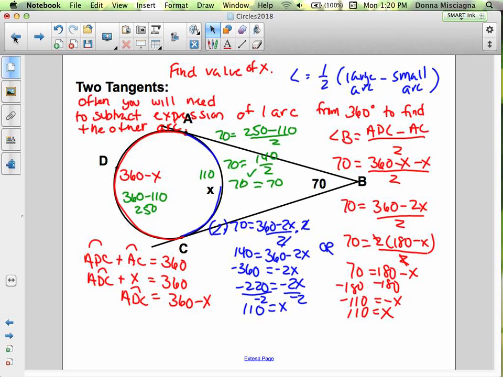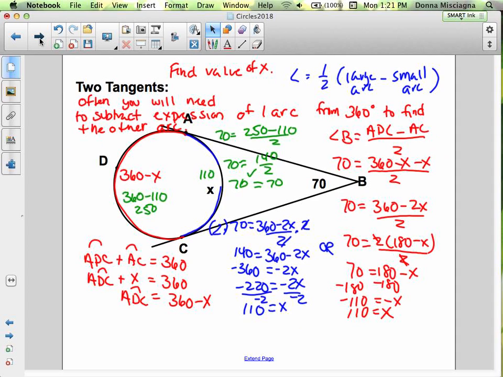And here, another way you can find it is, if you label X the small arc, once you find the small arc, you can plug back in the value of X to get the large arc. So here, we labeled the small arc with X. If I plug in 110 for the X, and I was really looking for the large arc, 360 minus 110 is 250.